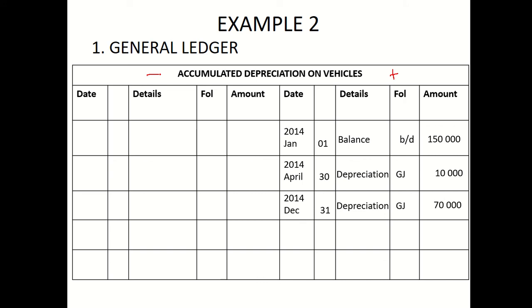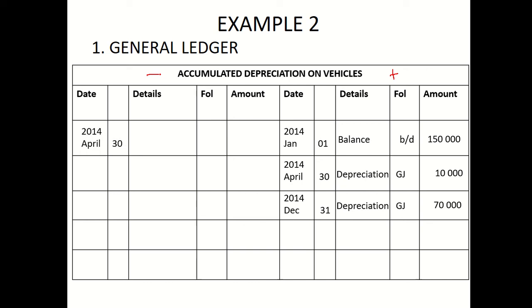In this account, you only record depreciation and nothing else. No cost price, nothing, just depreciation of the assets. In this case, it will be 10,000 rand of the asset that we sold plus 70,000 rand of the remaining assets. I hope that is clear.